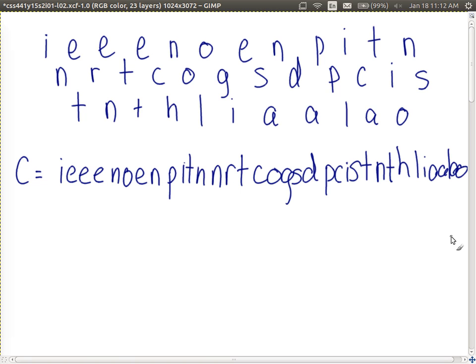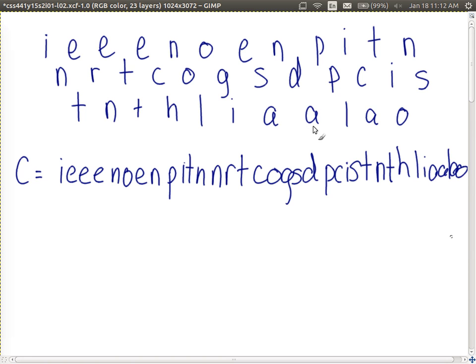Transposition means that the letters in the plain text, the same set of letters, also appear in the ciphertext. It's just rearranged them. How do you break this if you just know the ciphertext? Last 3 letters, what were they?